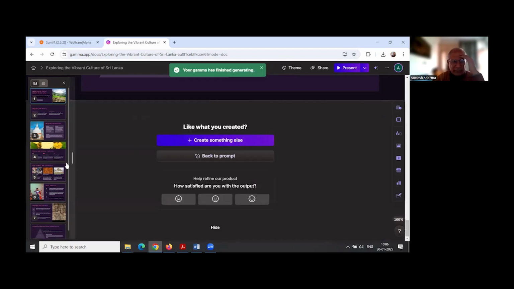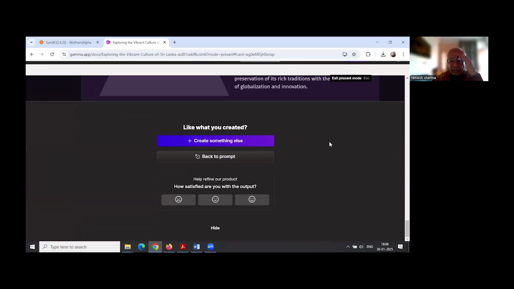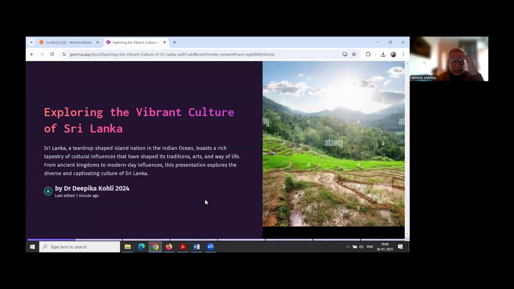So now it has generated, and let's see how it will look like. Exploring the vibrant culture of Sri Lanka, it has taken that.